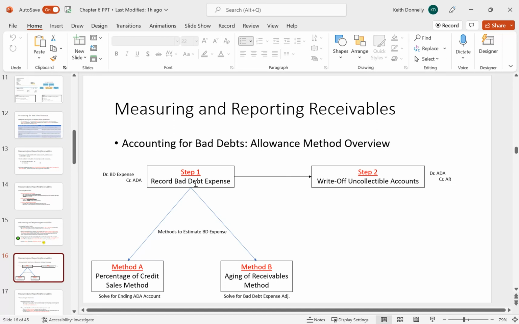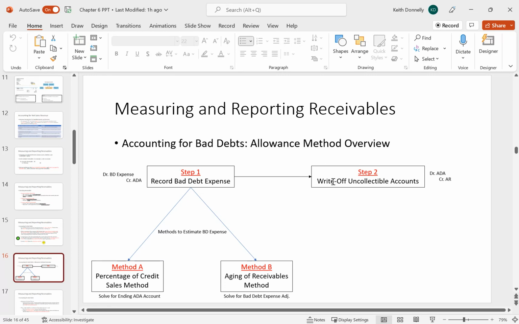We don't wait until the person unequivocally conveys to us they're not going to pay. We take the expense closer to the date of sale, based on an estimate, not actual knowledge that they're not going to pay us. Later on, when they don't actually pay us, we write off the account. So step 0, 1, 2.